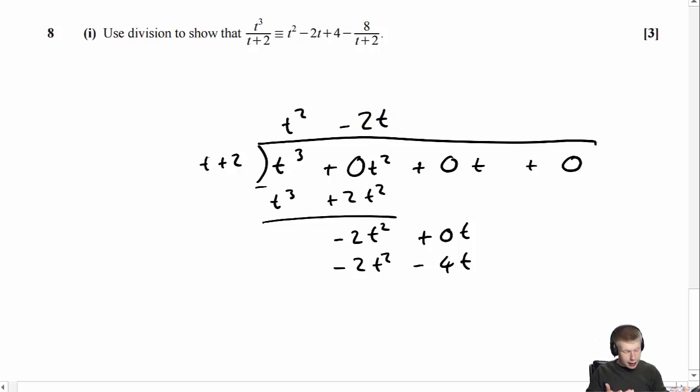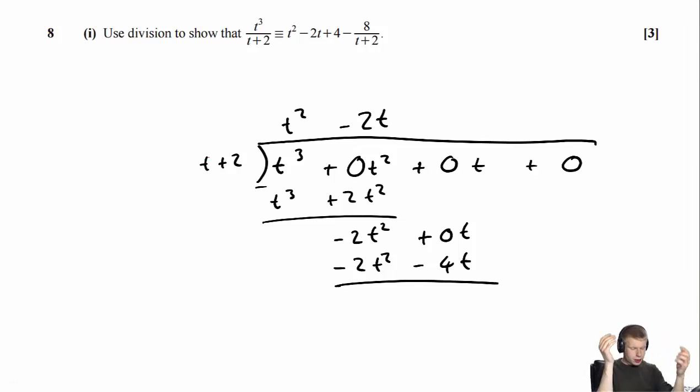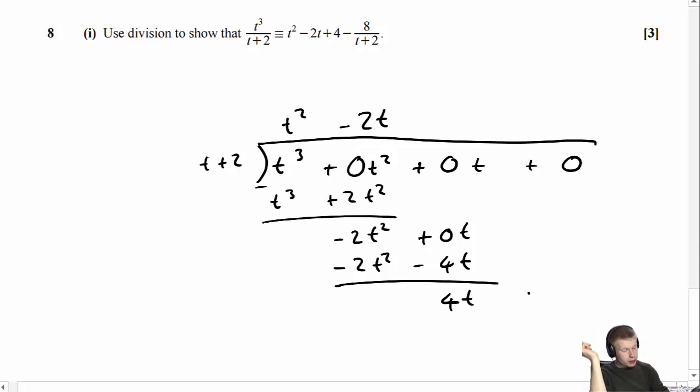Then I subtract the two things together. What is negative 2t squared minus negative 2t squared? They just cancel. But then I have 0 minus negative 4t. Careful of the double negative there, it becomes a positive 4t, and then I bring the 0 down.